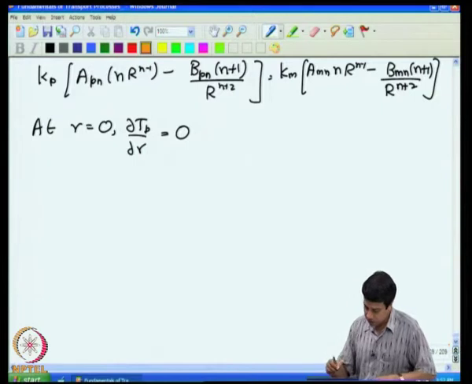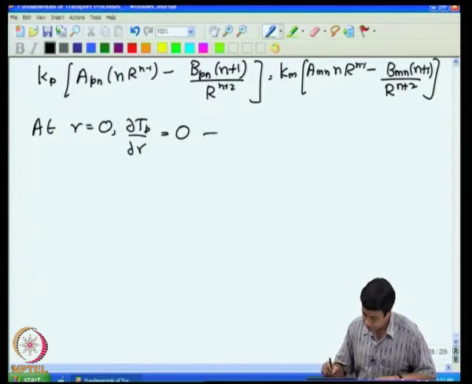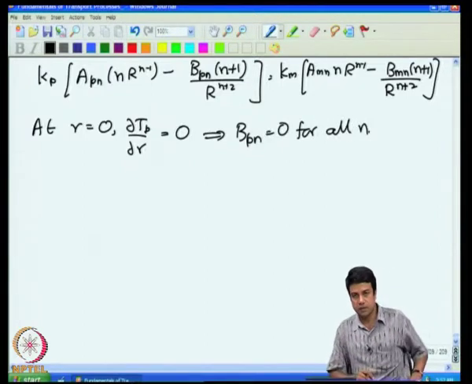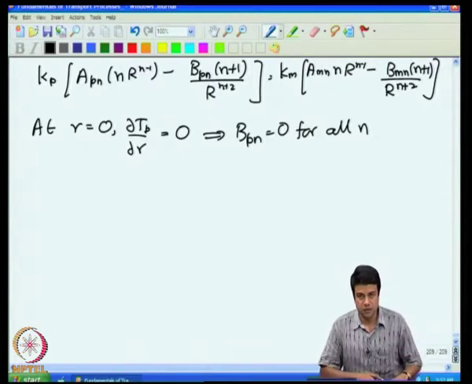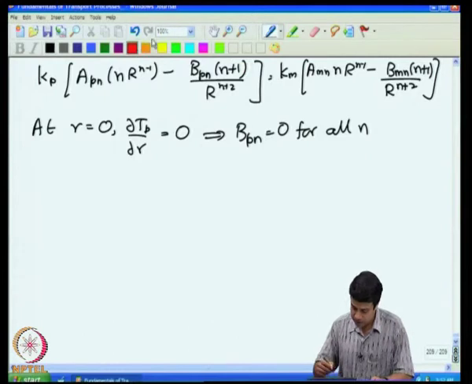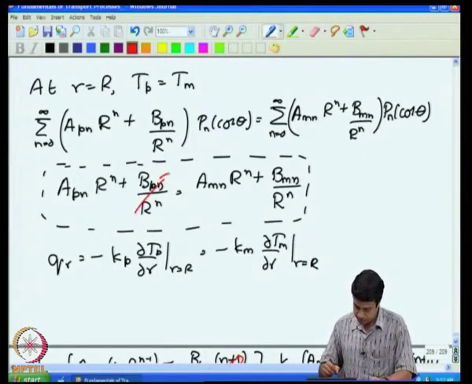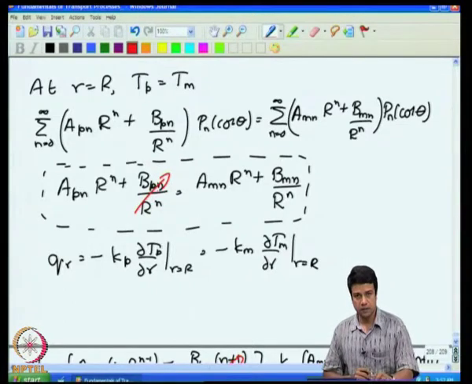So, this implies that Bpn is equal to 0 for all n. Therefore, these terms basically cancel out in these conditions. Within the particle, you can have only growing harmonics, because the decaying harmonics go to infinity at the center of the particle. How about the matrix?